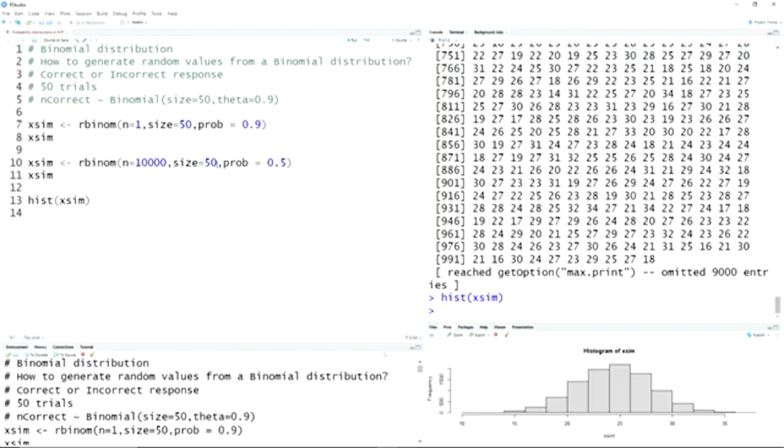Because you're tossing it 50 times and the probability of success is 0.5, most of the probability mass is near 25. You are very likely to get 24, 25 or 26 heads, less likely to get 22 or 28 heads, and almost unlikely to get fewer than 15 heads or more than 35 heads, right?